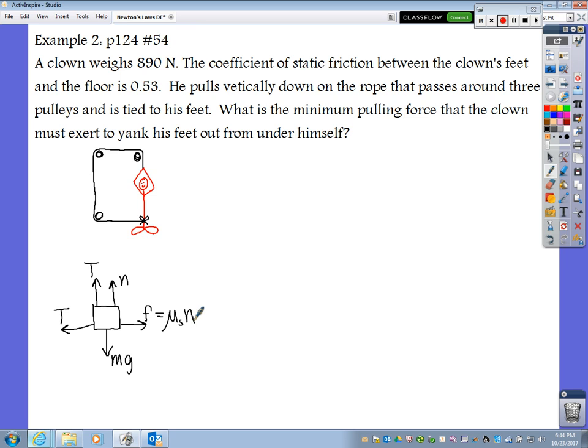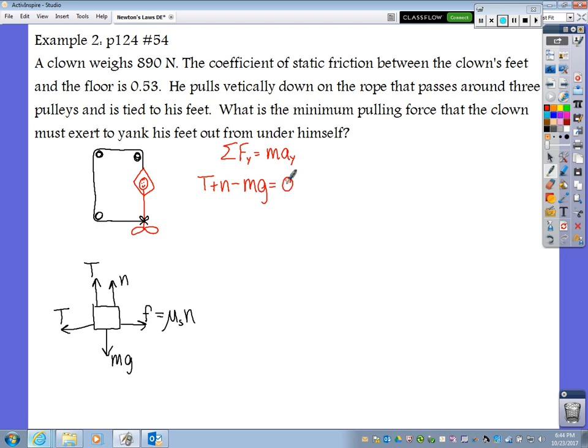So now we've got a lot of forces and we have to look at X and Y. So the net force in Y equals mass times acceleration in Y. He's got tension plus normal force minus mg equals, his acceleration is 0.